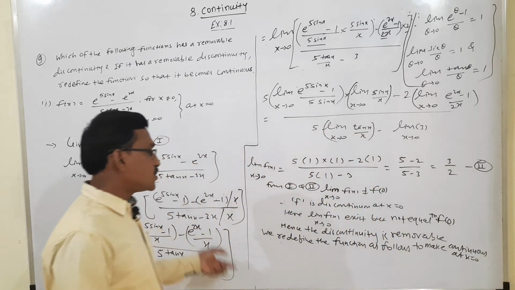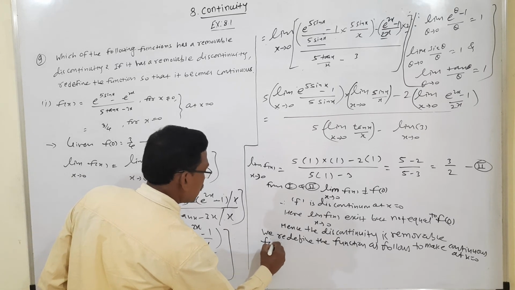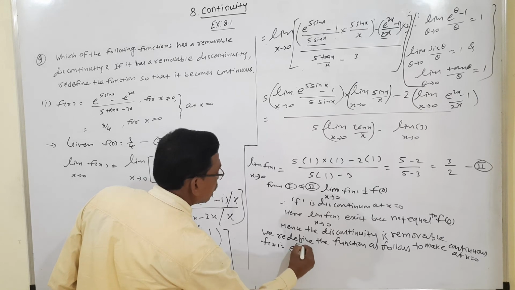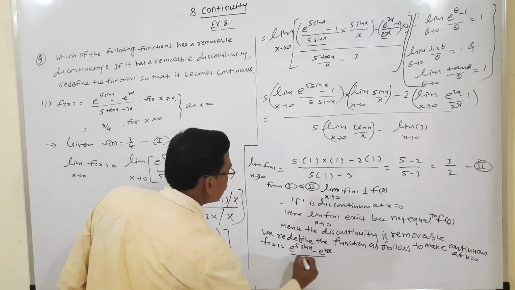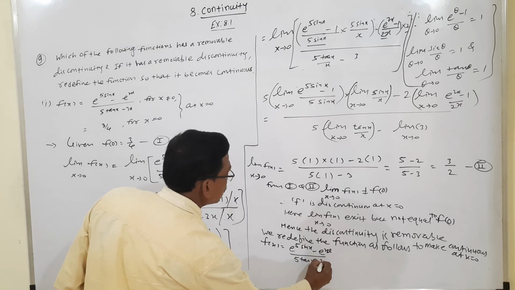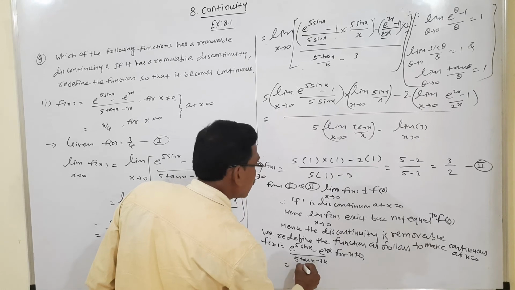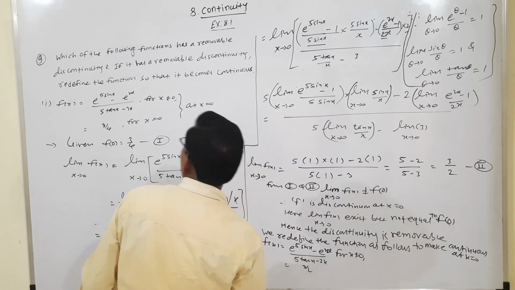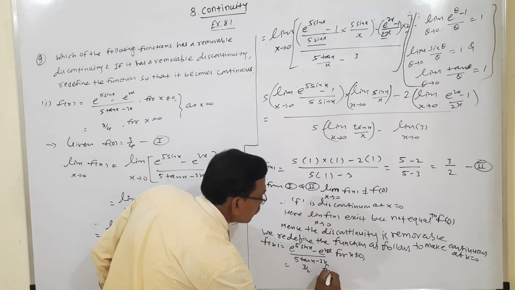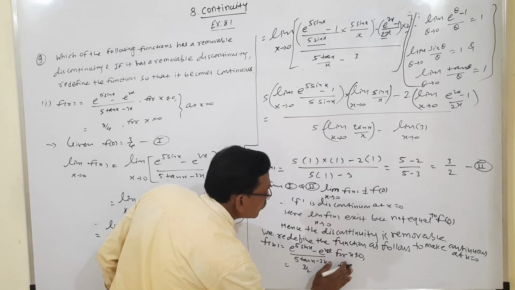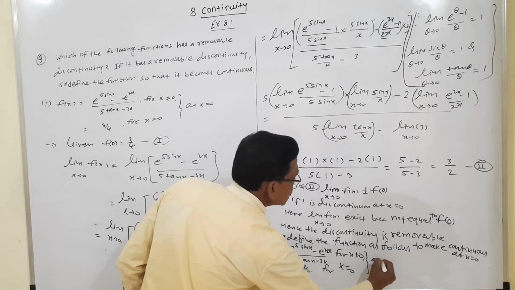So our function is, again we write this, f of x equal to e raised to 5 sin x minus e raised to 2x upon 5 tan x minus 3x for x not equal to 0, and f of 0 equal to 3 by 2 instead of this 3 by 4.